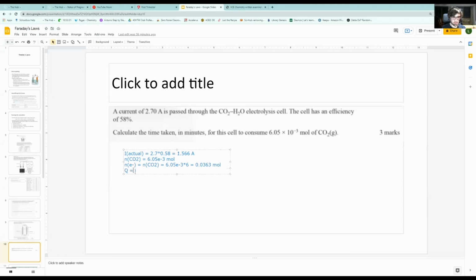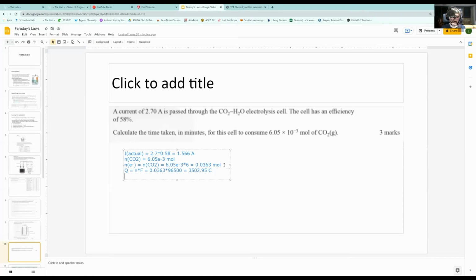Now the charge is going to equal the amount of electrons times F. So it's going to equal 0.0363 times 96,500, which is 3,502.95 coulombs is our unit.